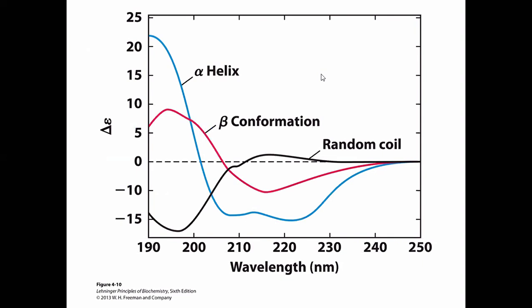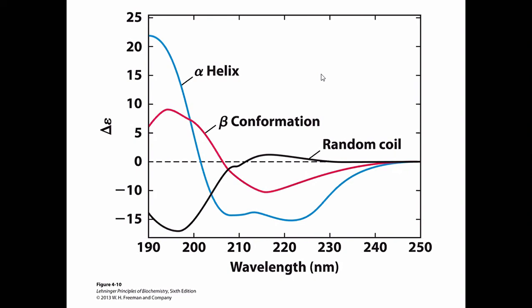The problem is, in most cases, the protein is mixed. It has a little bit of alpha, a little bit of beta, and a little bit of random. Because as I mentioned before, you have several alpha and several beta connected through turns, and this turn structure is considered random.